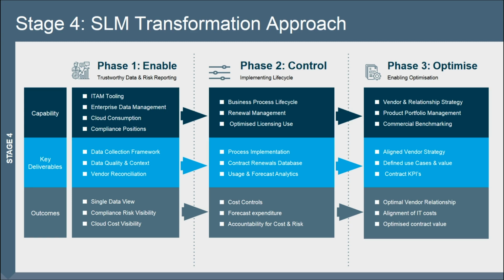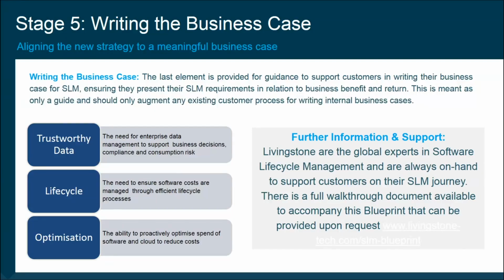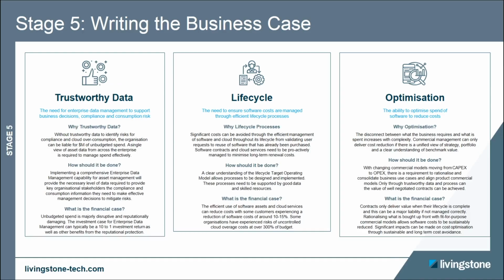And just to finish, stage 5. Stage 5 is writing the business case, aligned to the ISO of trustworthy data lifecycle optimization. What really underpins why we've taken this approach is that those 3 sets of deliverable outcomes need to have a financial case around them, so that people understand the significance or role of each of them. Importantly, on trustworthy data lifecycle optimization, we make sure that there is a financial case behind it.